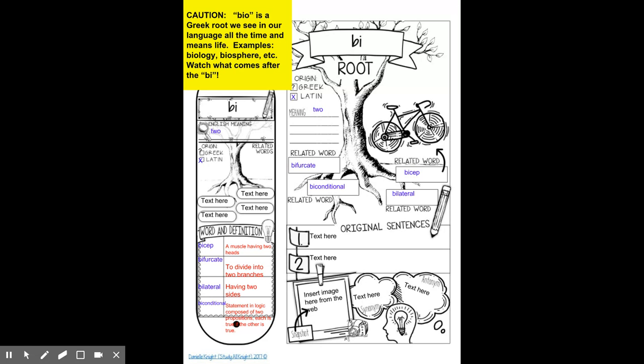And when it's an open syllable, we use the long sound of the vowel. So be in Latin, we've turned to by in English because of that rule. And be or by in English means two.